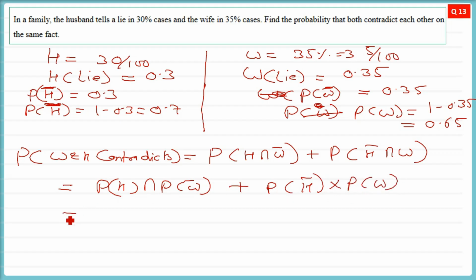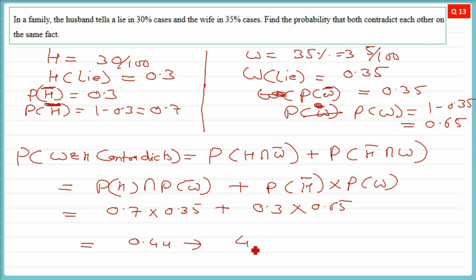So it's not intersection in the second case. Please correct it with multiplication. There is a slight mistake I have done. 0.3 into 0.35, PH bar and PW we have also computed. So we will write the numbers which are 0.3 multiplied by PW, which is 0.65. And we compute these two, we are going to get 0.44, writing it in percentage terms is 44%.